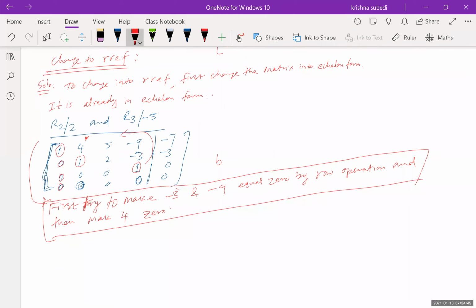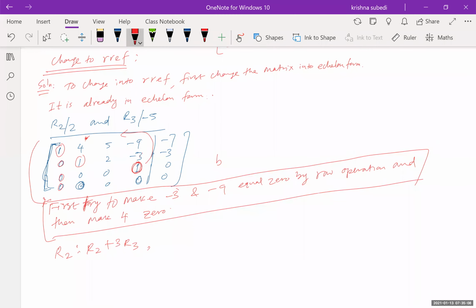So my goal is to make this -3 0, -9 0. So what I need to do is in R2, I do R2 plus 3R3, because this is the leader and we must use that leading entry to make the 0 in that column. So that way I can make that -3 0.